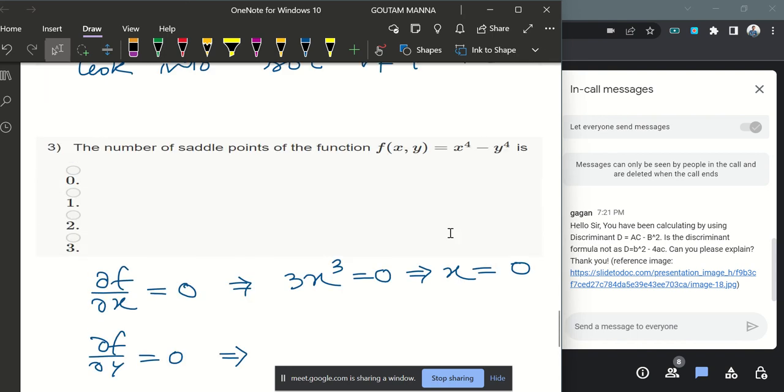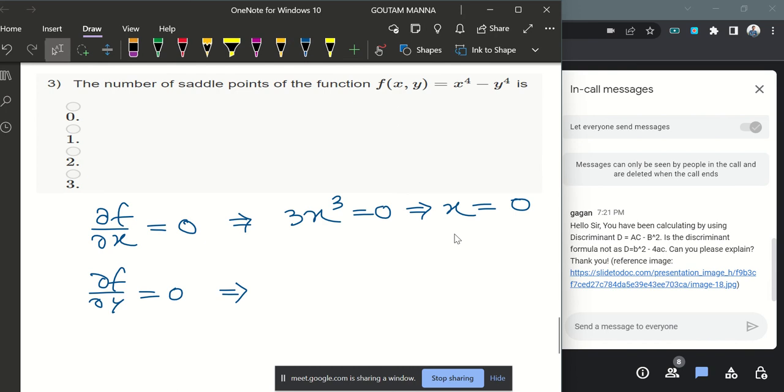implies minus 3y cube equals 0, which says y equals 0.